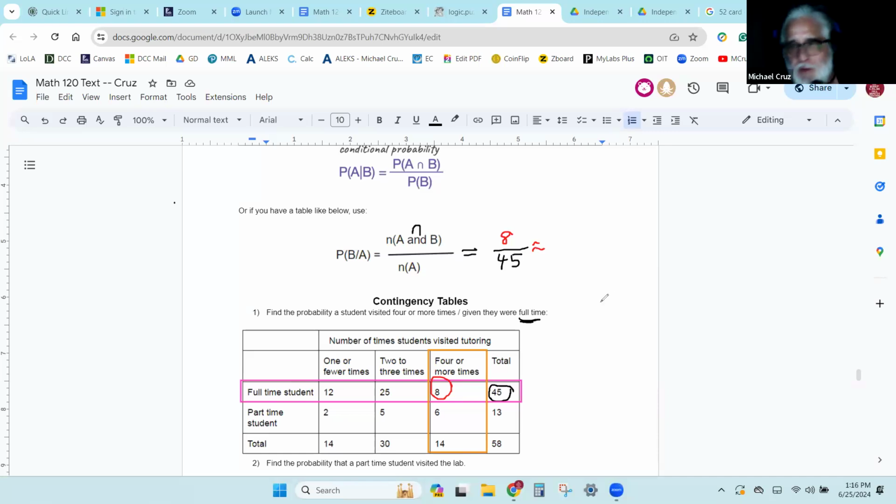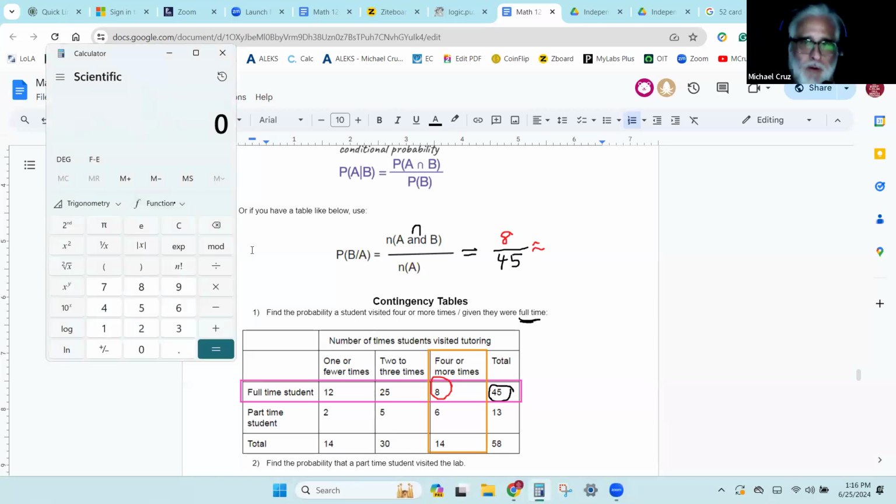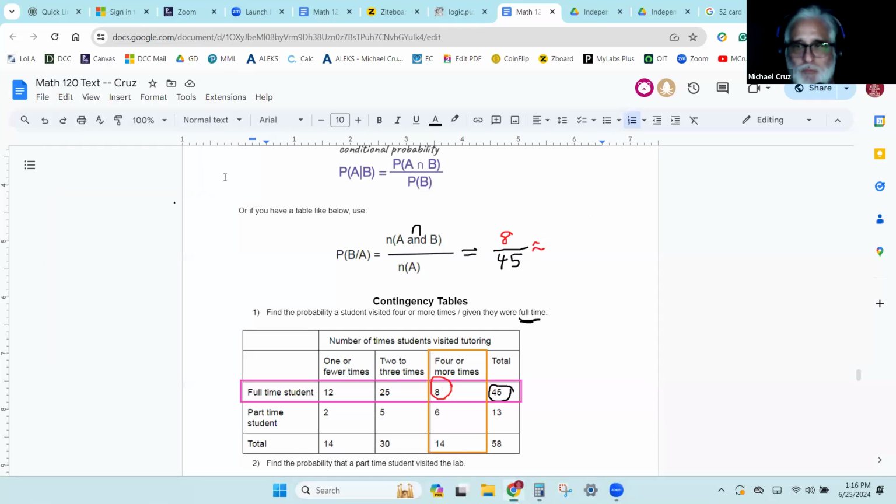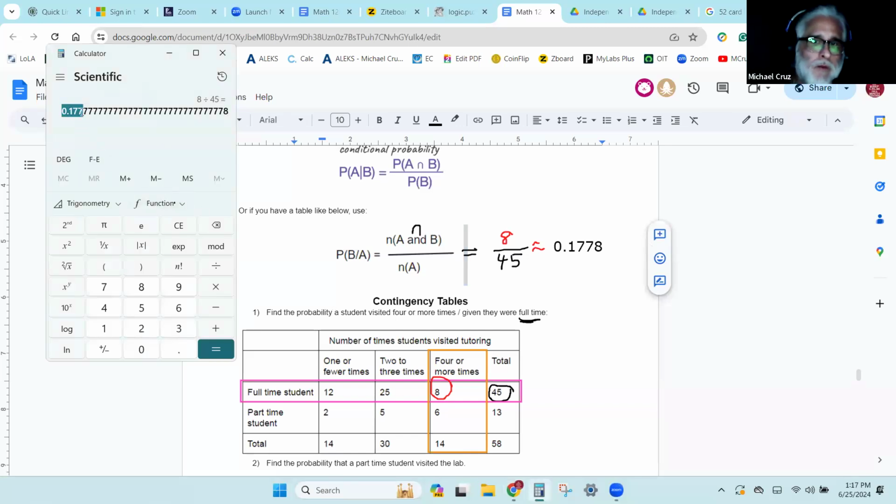And then we're going to have to approximate this to a decimal. I'm going to go out to 4 places if I can. Sometimes that's shorter. So that would be rounded off. In order to round off to that spot, I look at the one to the right.